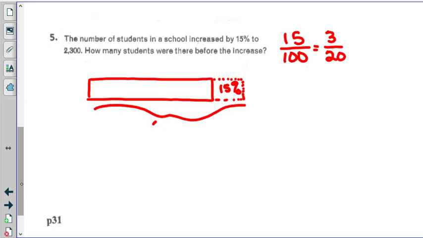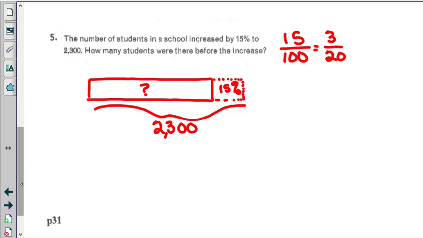Now there's 2,300 students with that 15% added on. I need to know what there was for 100%, where it started with. So 115% is 2,300.